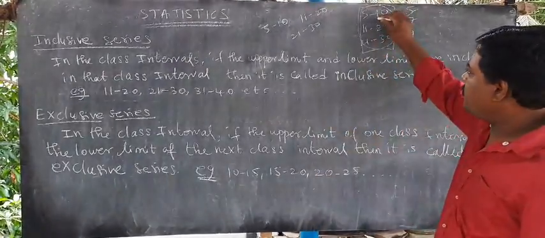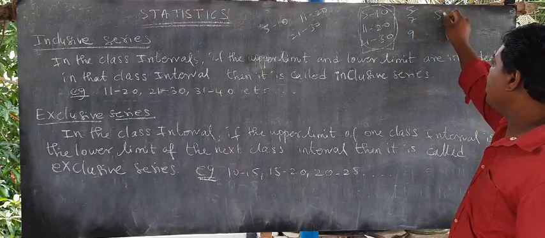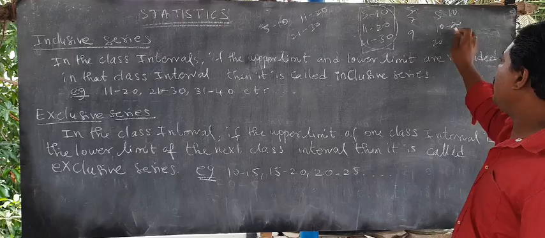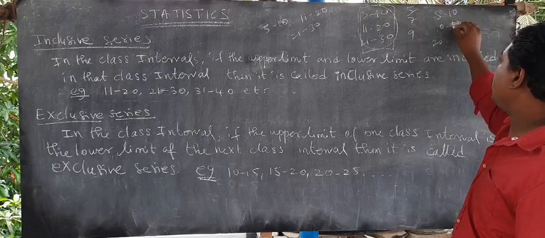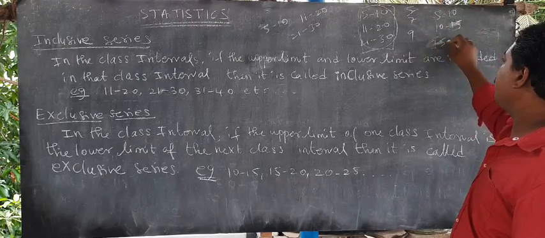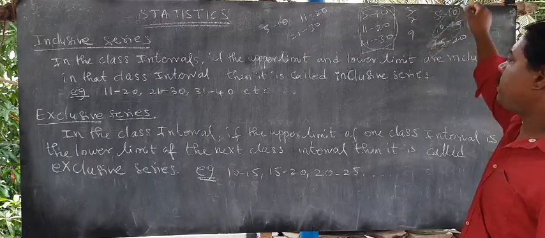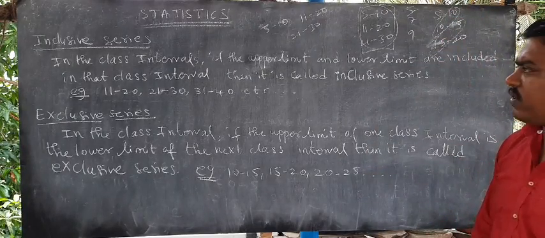The same class interval can be written like this: 5 to 10, 10 to 15, 15 to 20, like this, continuous.